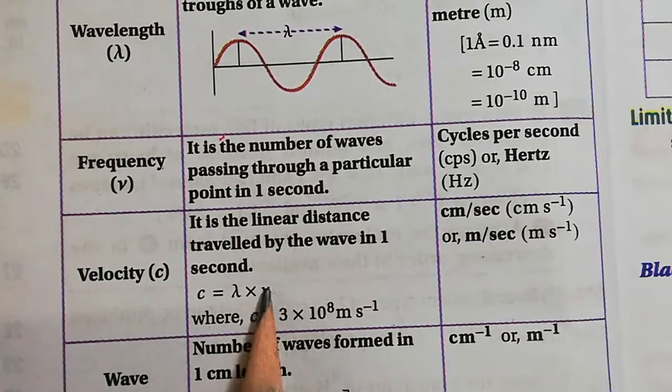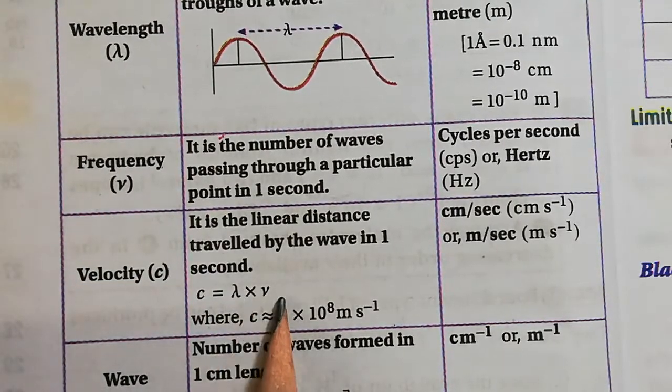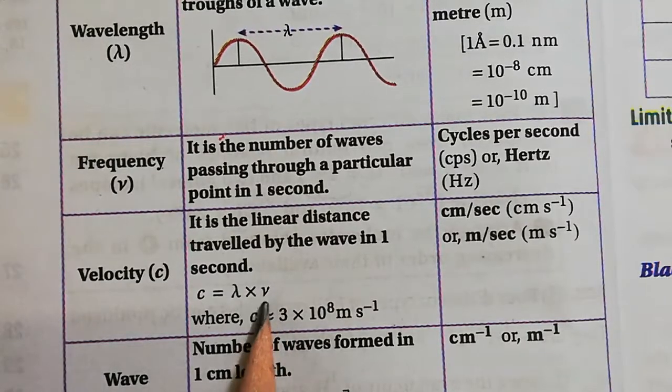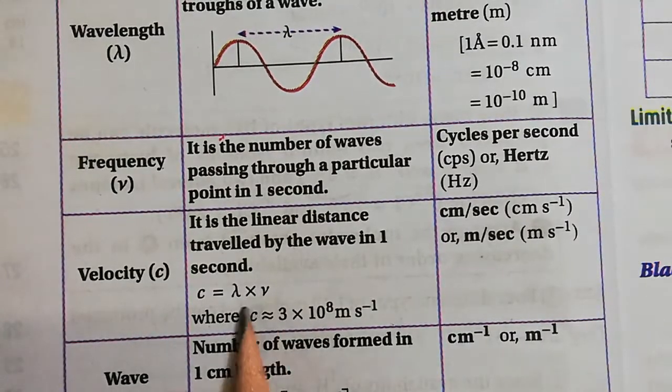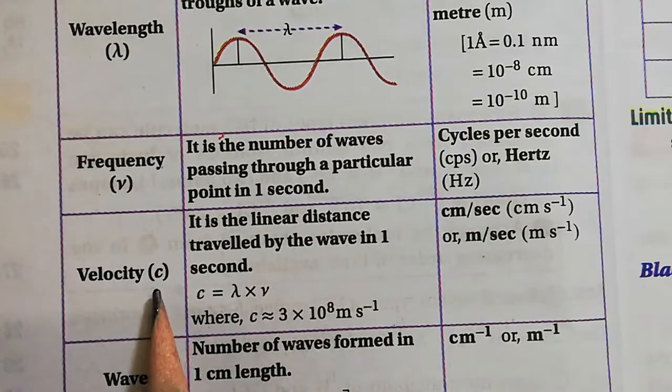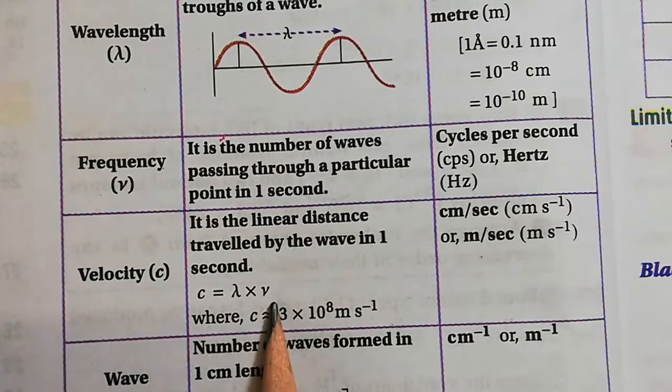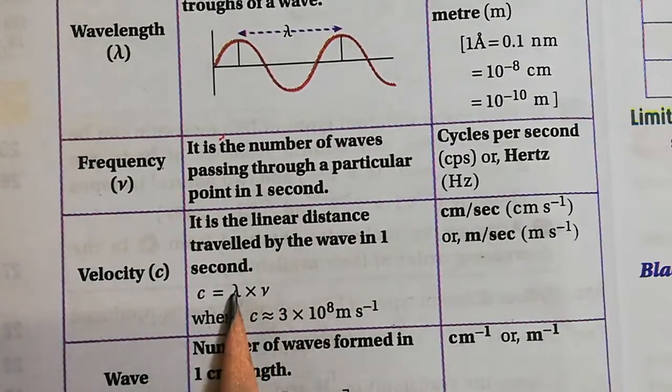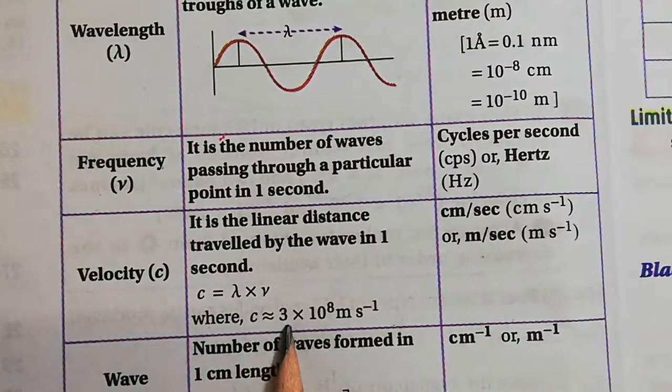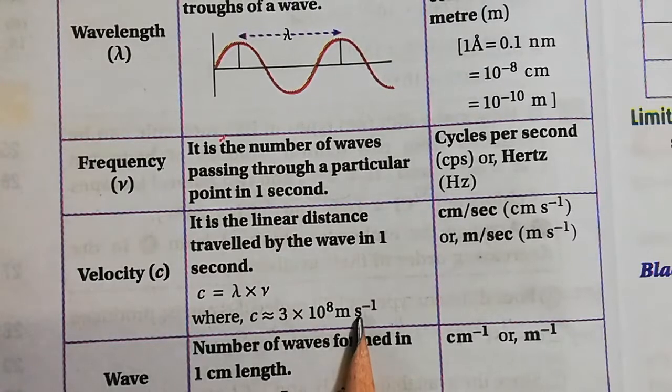For each oscillation the distance moved by the wave is the wavelength lambda. So the velocity of the wave should be nu into lambda. For the electromagnetic wave the velocity is fixed, and that is the speed of light, 3 into 10 to the power 8 meter per second.